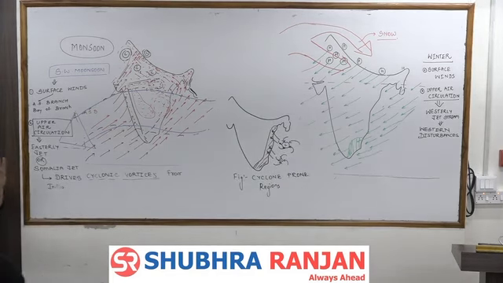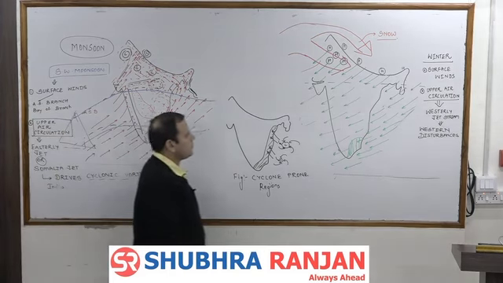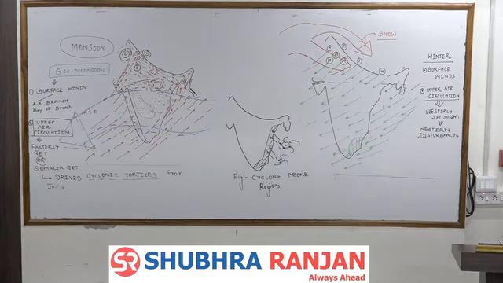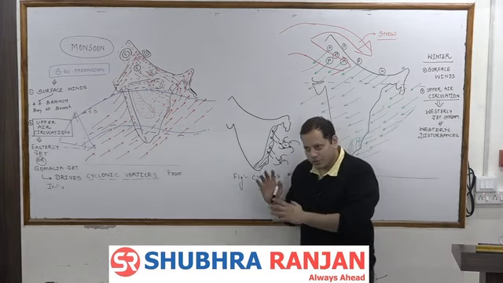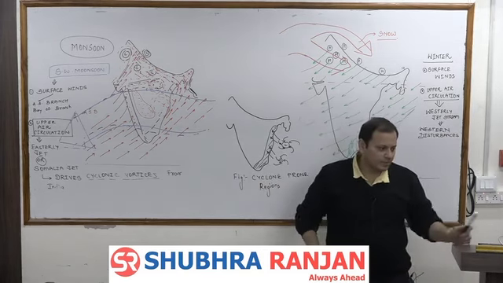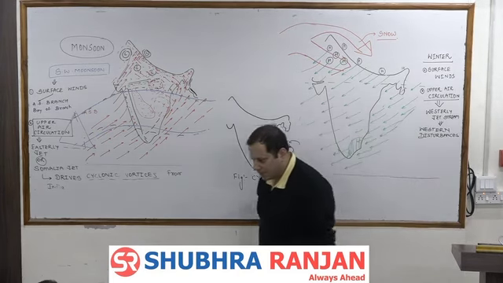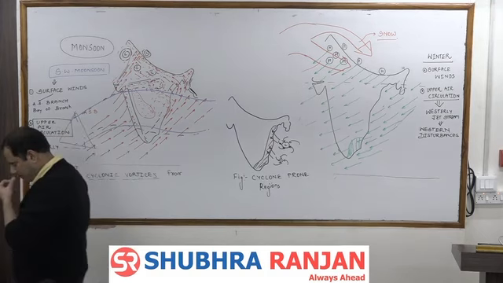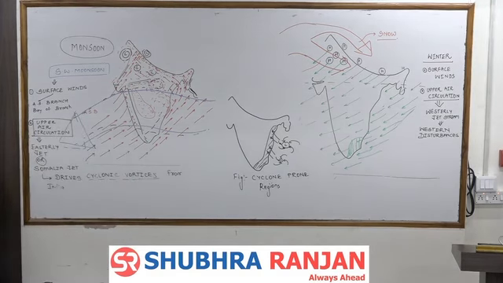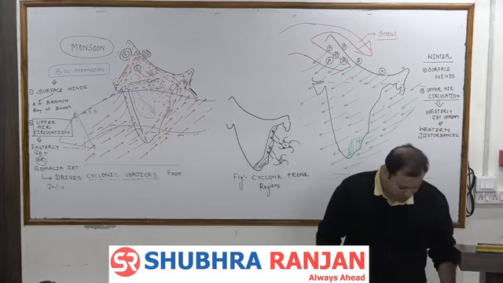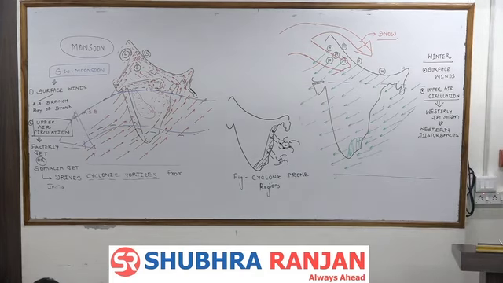As the sun is in the southern hemisphere, most of the parts of India except the coastal belt experience high pressure.